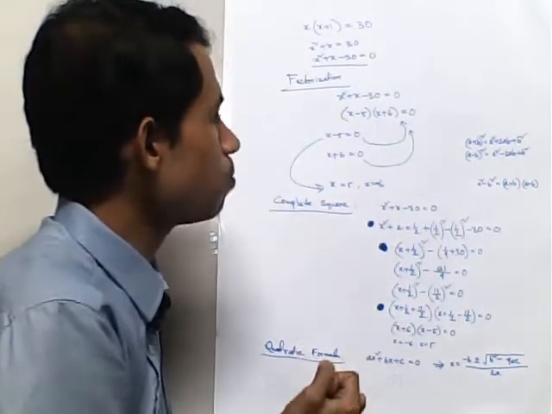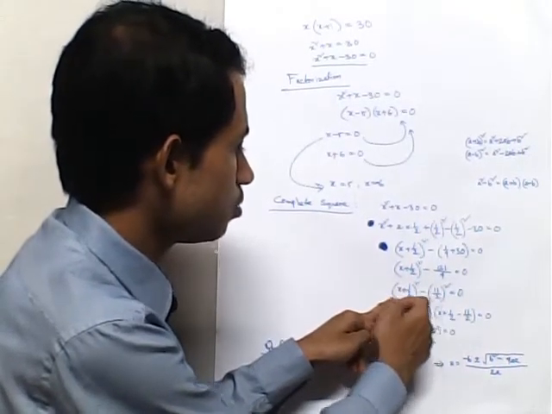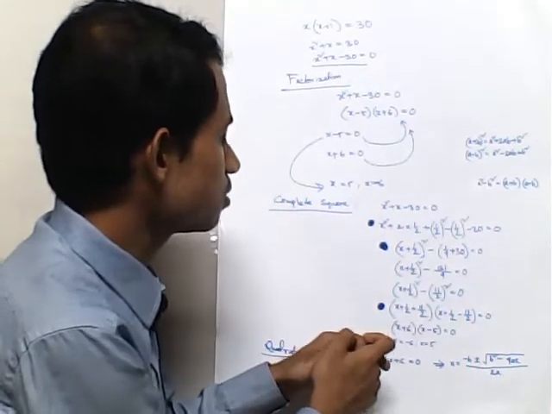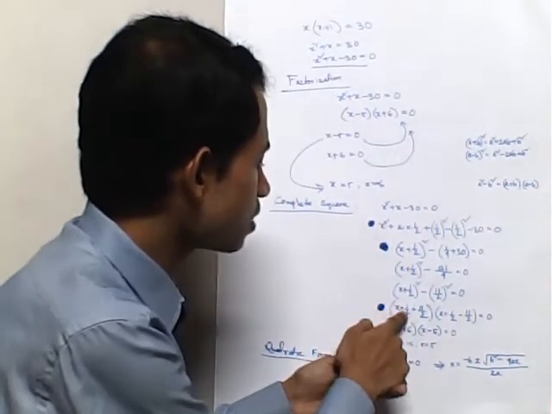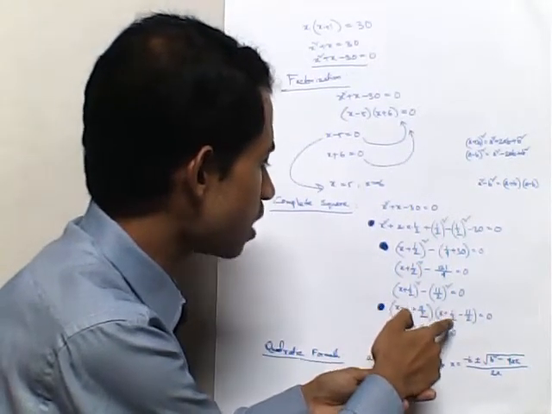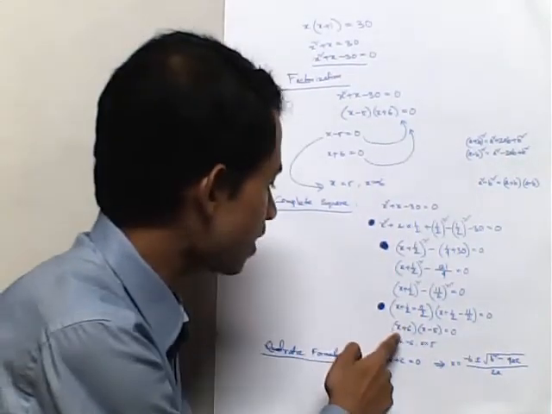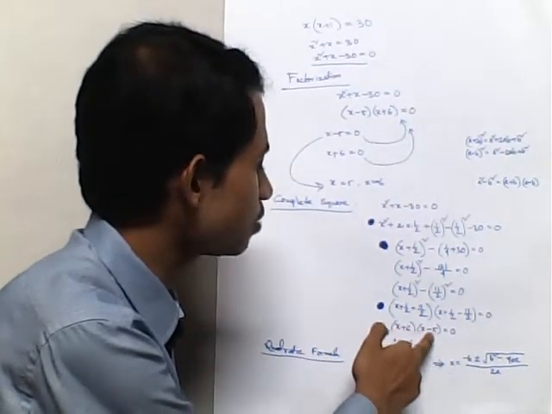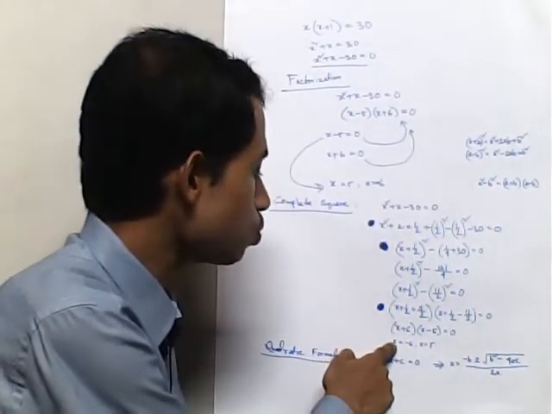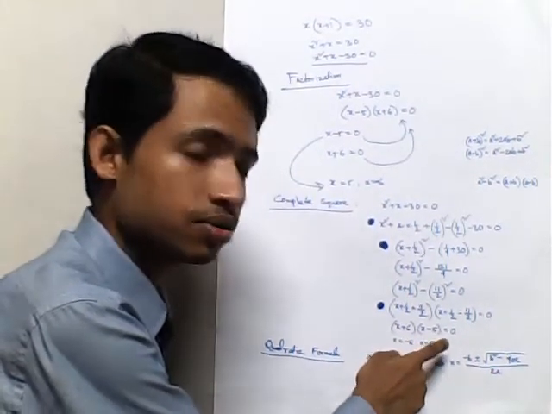Applying that formula, we can factorize the polynomial equation and get (x plus half plus 11 by 2) into (x plus half minus 11 by 2) equals 0. Simplifying it, we get (x plus 6) into (x minus 5) equals 0. So the roots of the equation are x equals minus 6 and x equals 5.